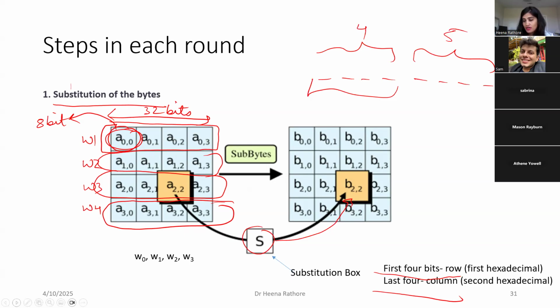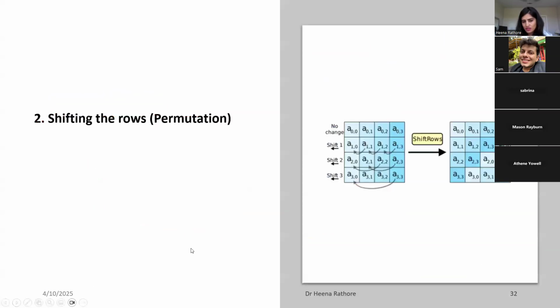That is substitute bytes. The second one is shifting the rows, where you shift the word. In the first row, you do not make any change. In the second row, you shift one position.